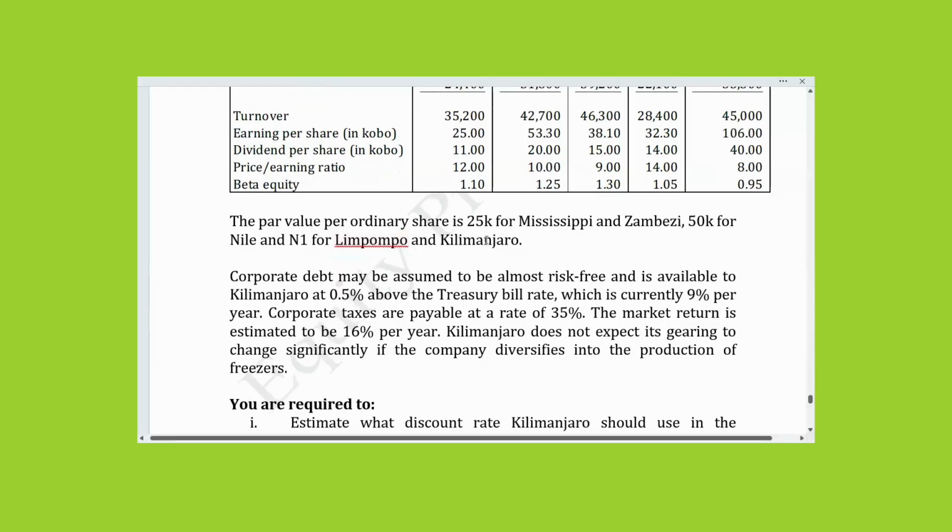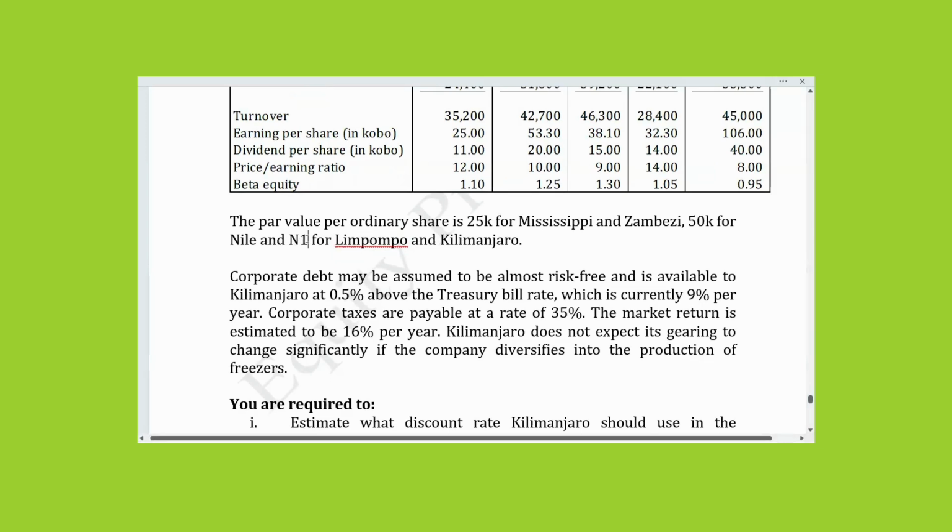The par value per ordinary share is 25K for Mississippi and Zambezi, 50K for Nile and 1 naira for Limpopo and Kilimanjaro.